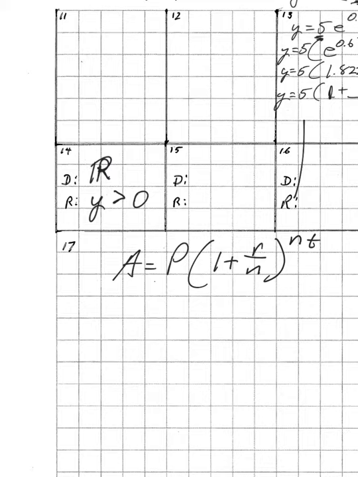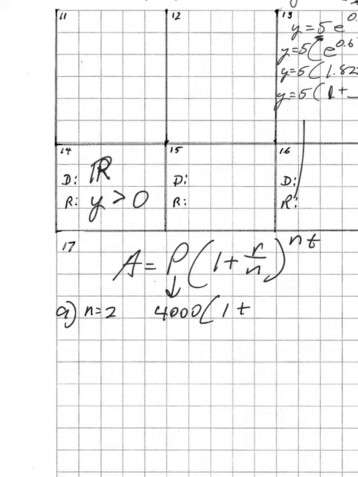So doing A for number 17, let's see if we can put the formula together. What's the principal for number 17 on 6.2? It's on the bottom. $4,000, right? And it's going to be 1 plus. Let's do A. A is semi-annually, so that means that N equals 2.